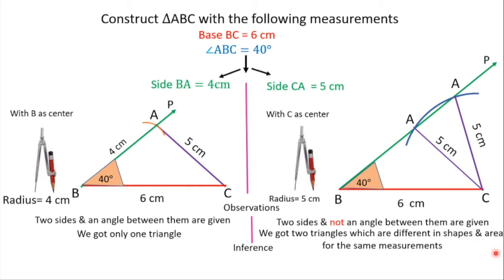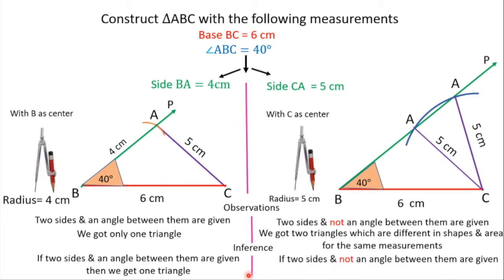So we can conclude that if two sides and an included angle between them are given, then we are going to get one triangle. If two sides and not an included angle between them are given, then we are going to get two triangles.